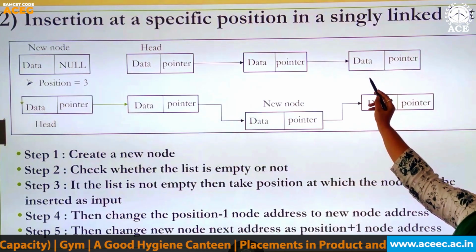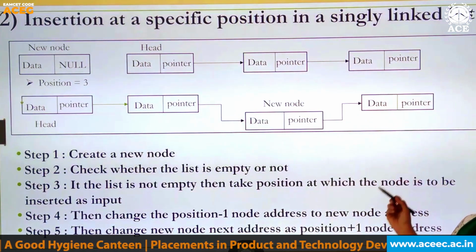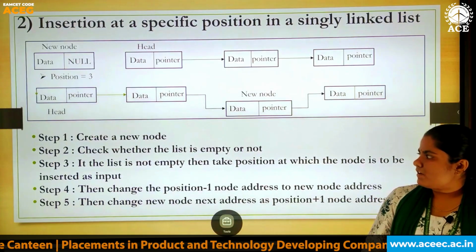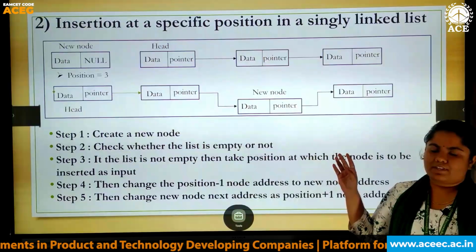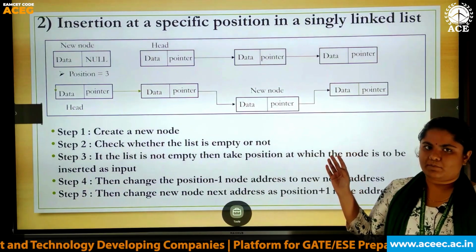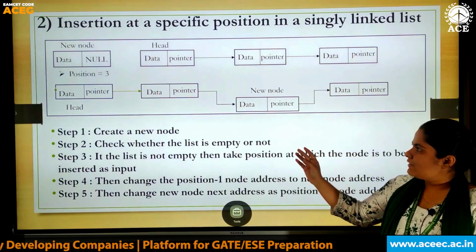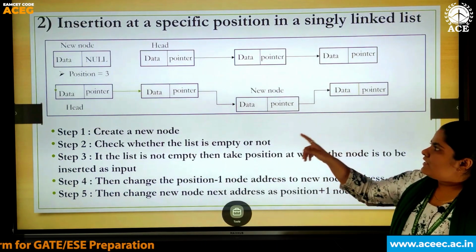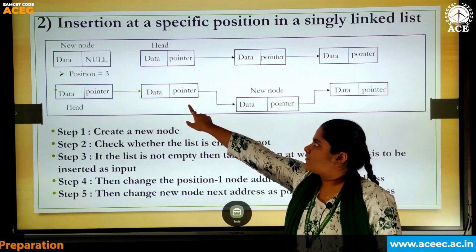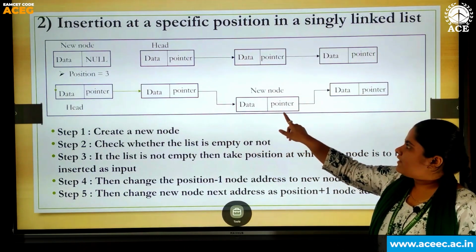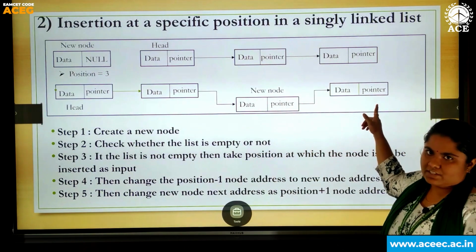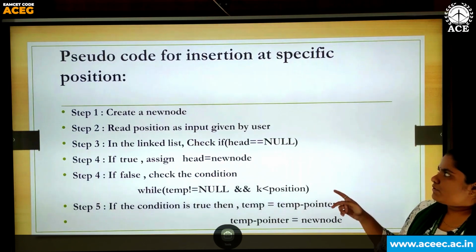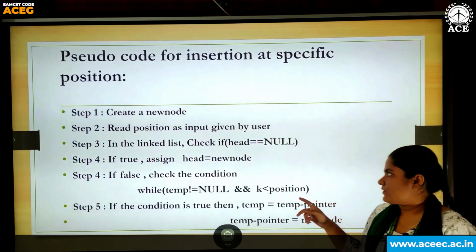If the linked list is not empty, then we take the position as input from the keyboard, and then we insert the node at that position, which means first we change the address of the previous node to the address of the new node, and then we change the address of the new node to the next node.